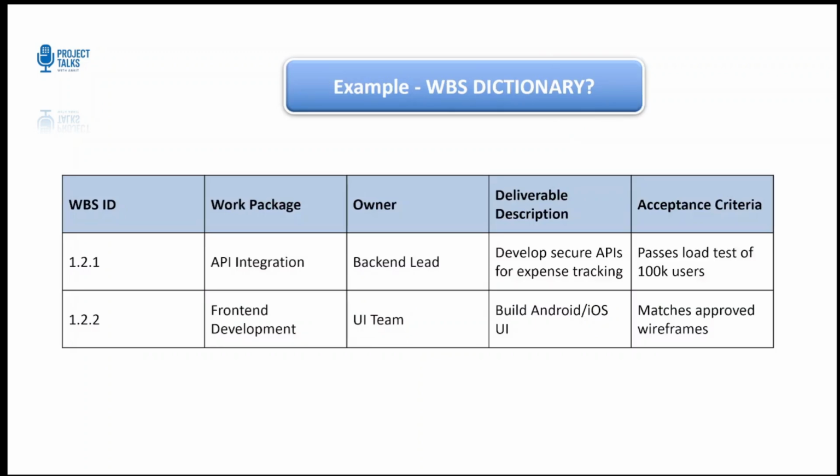Here you can see in our Technova app, under 1.2.1 API integration, the WBS dictionary would mention that the backend team owns it. It must support 1 lakh users, and it will be accepted only after it passes the load test of 100K users. I hope this makes it clear what is the difference between WBS and WBS dictionary.